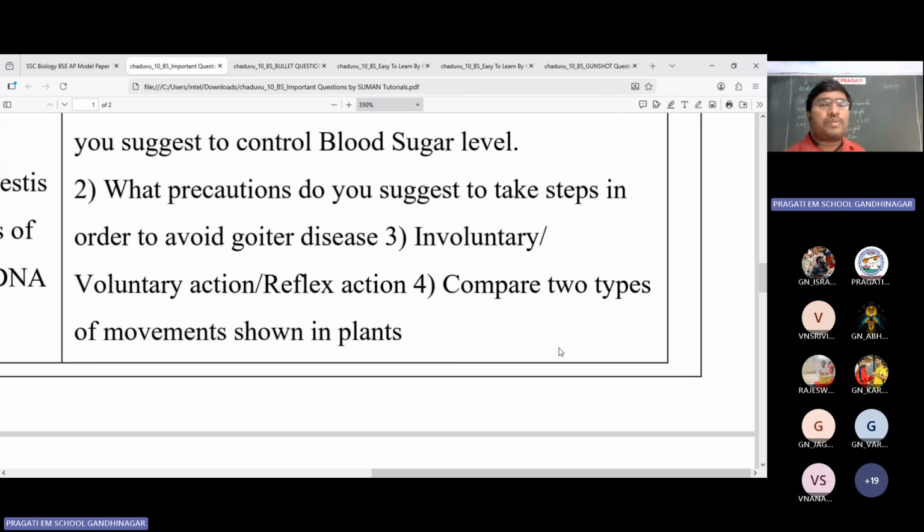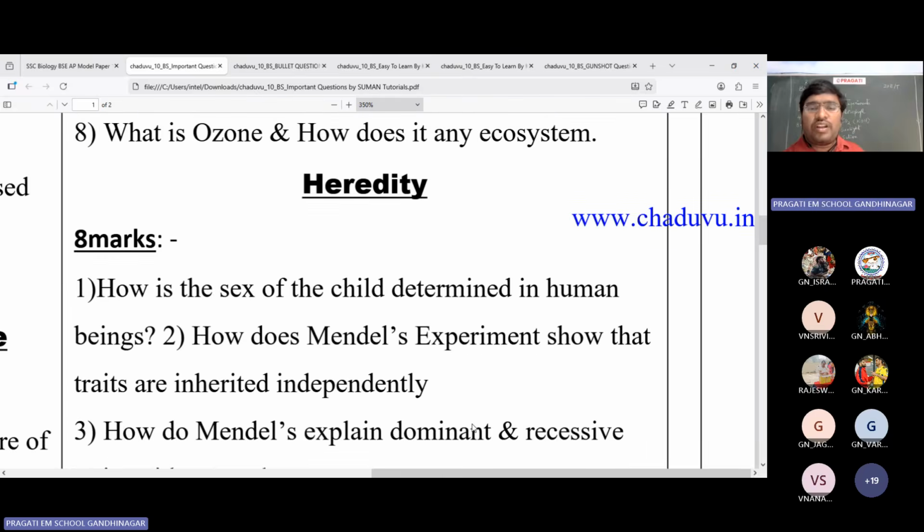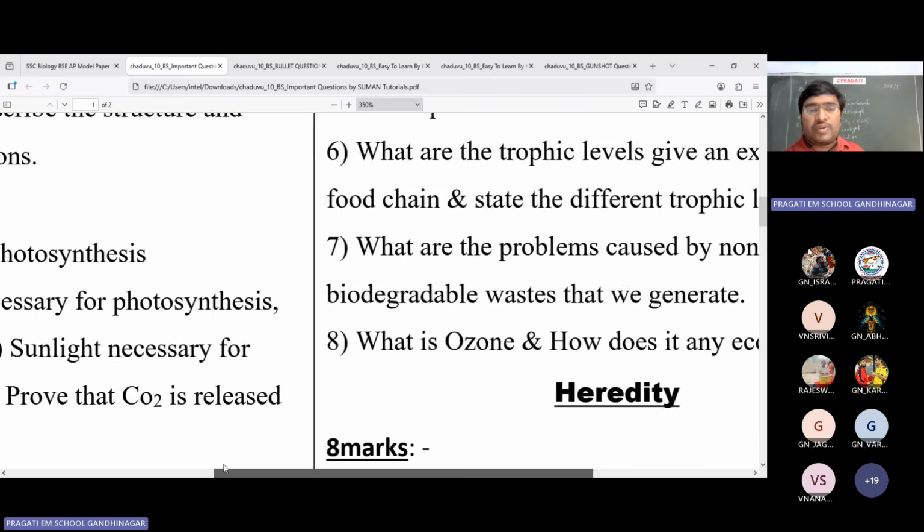Especially phototropism, geotropism, thigmotropism, hydrotropism. Okay, so those movements you have to explain here. Compare 2 types of movement in the plants. Okay, try to write those movements for this question. So these are the important 4 marks and 8-mark questions of this topic, children.